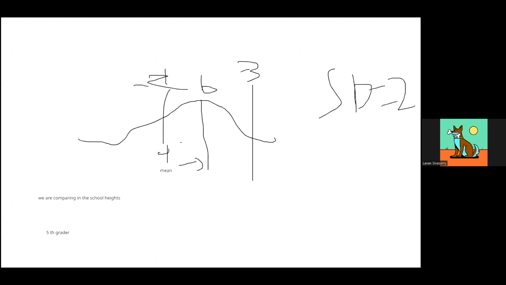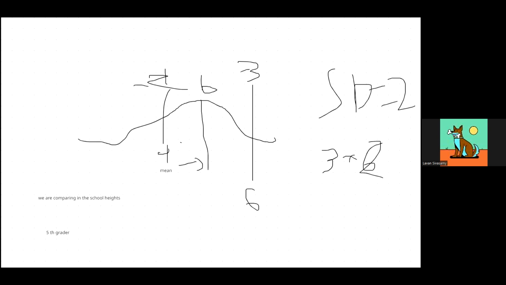So if this is 3 standard deviations and 1 standard deviation is equal to 2 feet, then we're doing 3 times 2, sorry, which is 6. And then we put 6 feet here.